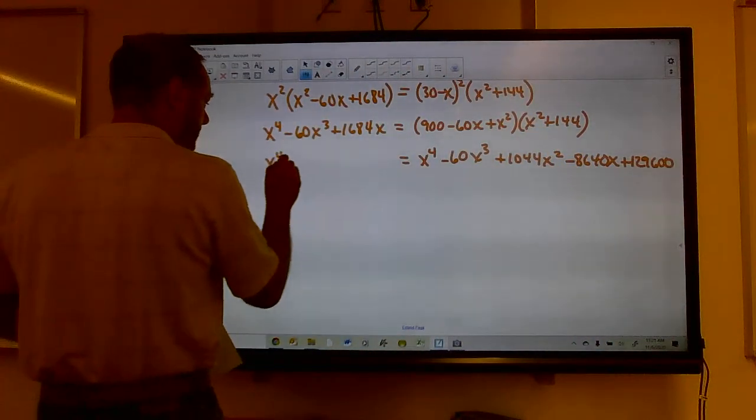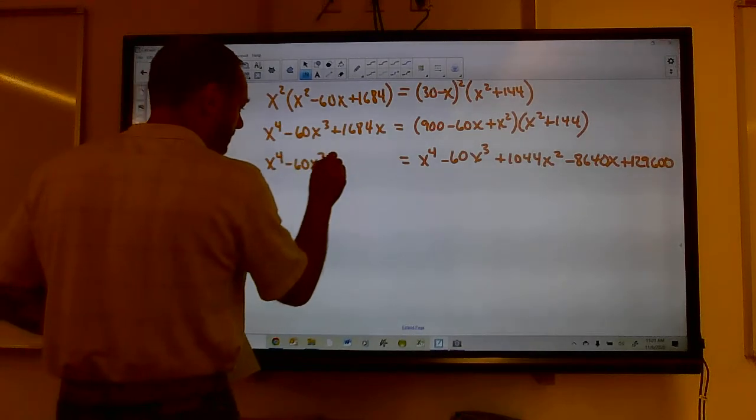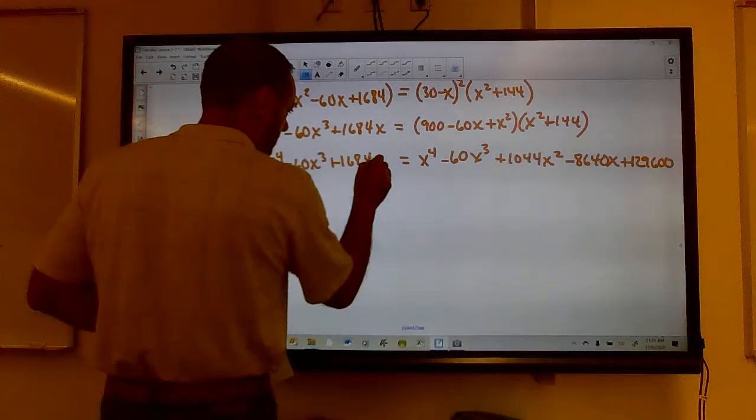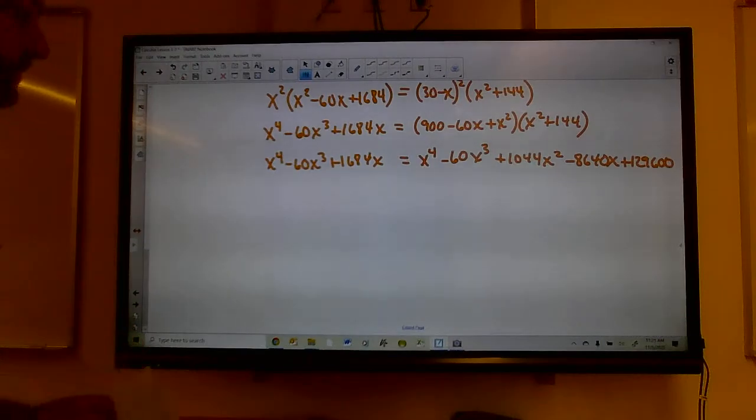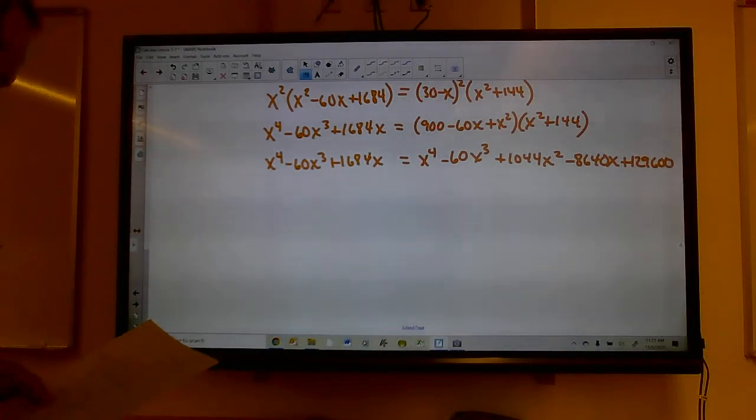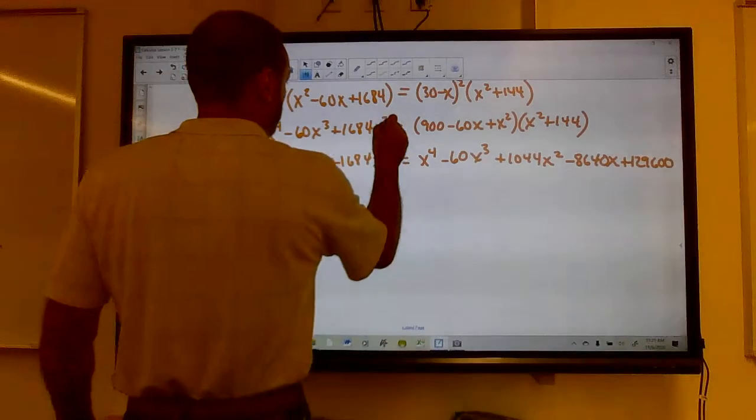And this side we'll just bring it down. Okay. So, whoops, I got a squared here. This is a squared.